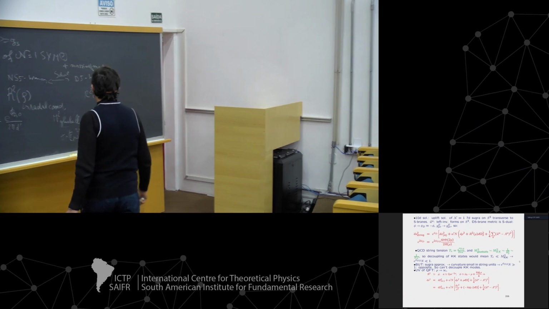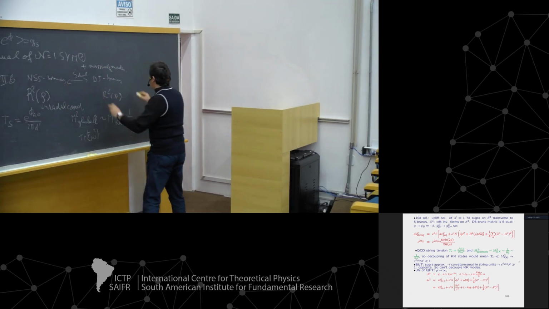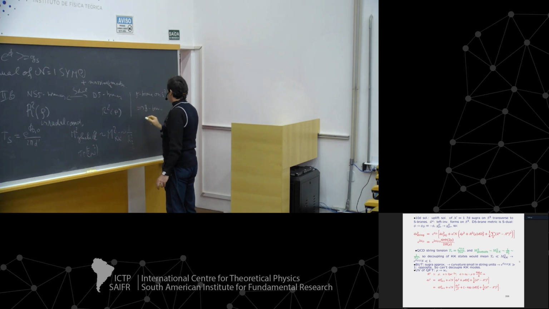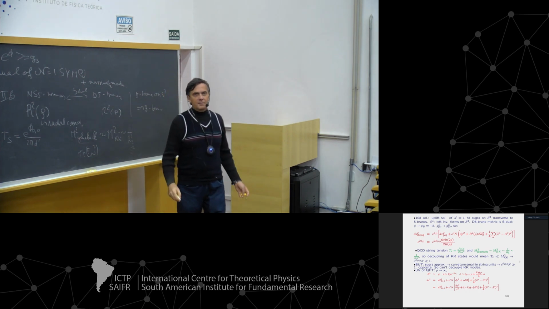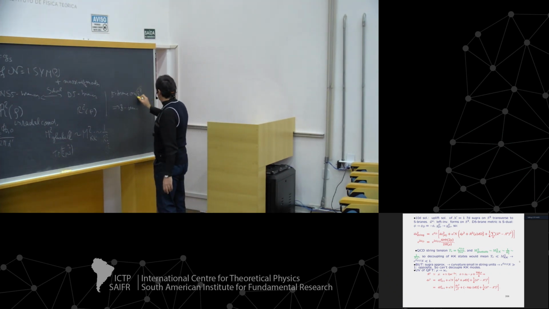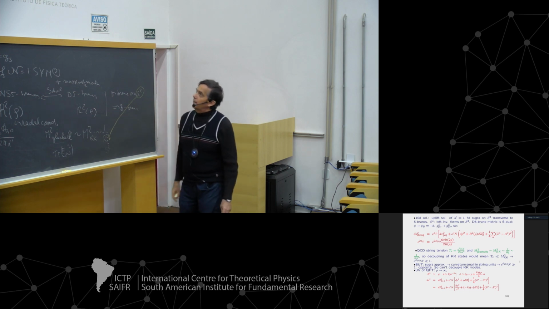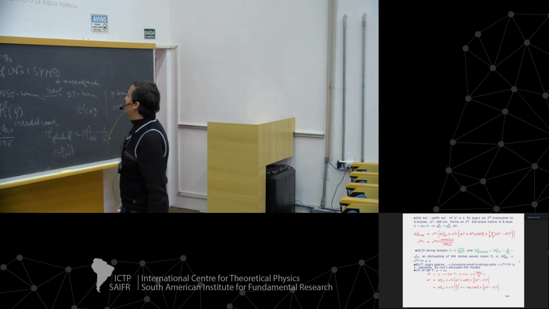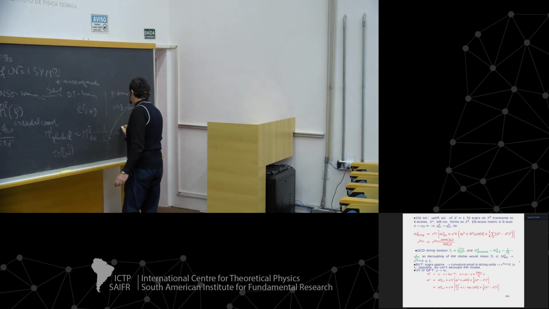So the point is, either in NS5 or D5 picture, the 5 brane wrapping an S2 gives a 3 brane for our true 3 plus 1 dimensional field theory. And the S2 is this one. And then this 1 over R2 squared is 1 over n alpha prime.